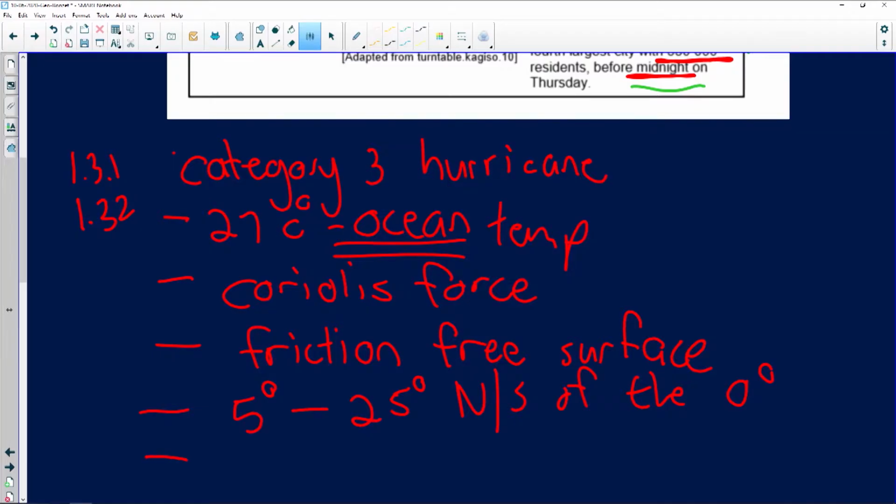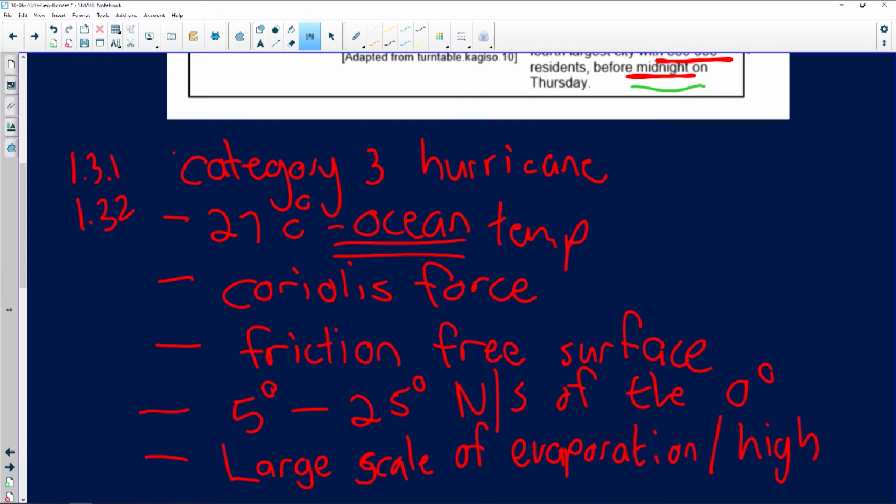So late summer, early autumn. And the last one that we can add over here, we basically need large scale evaporation and a very high moisture content.